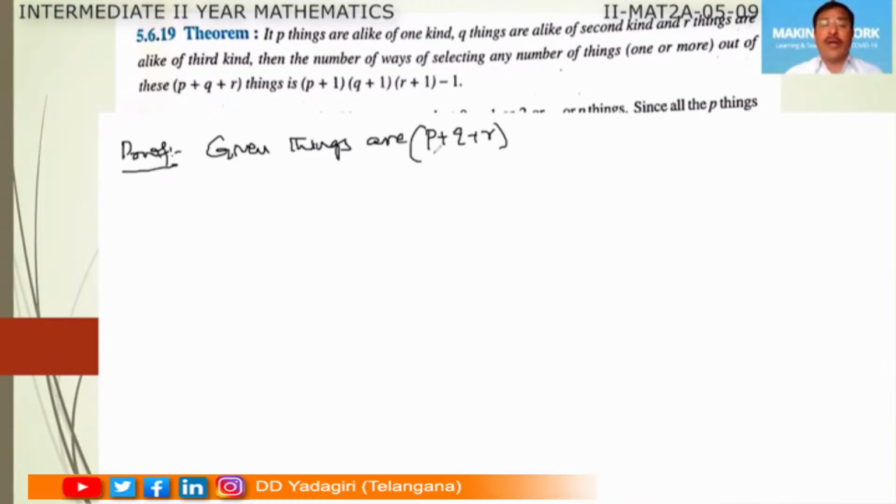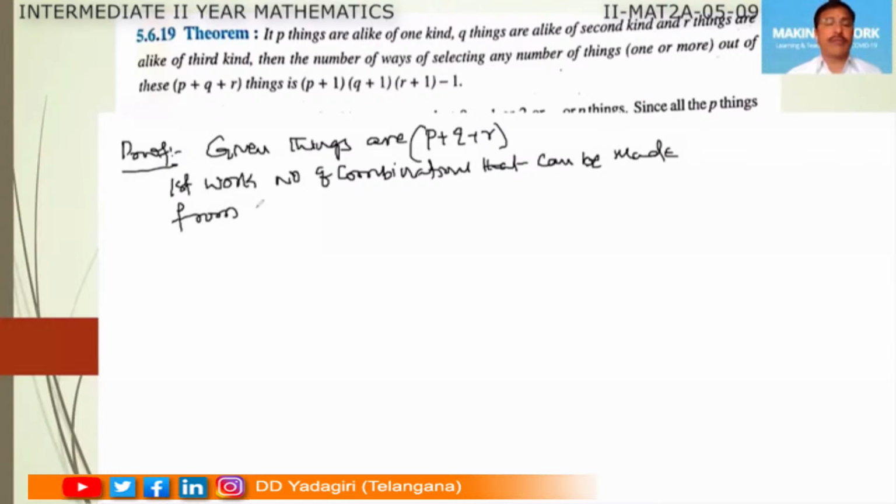Now, here we will do this according to the fundamental principle. We will divide this work into 3 works, performing it in 3 phases. First phase, the number of combinations that can be made from P things which are similar.